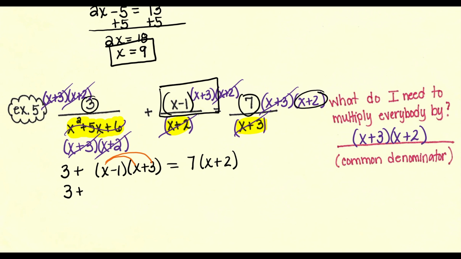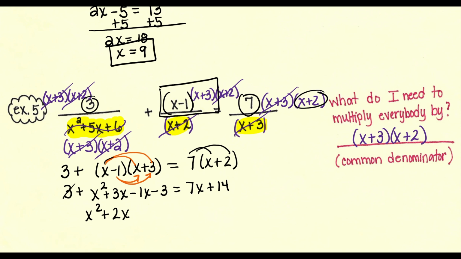That x is going to go to every one of those, and then the negative 1 says, now I'm going to distribute to every single one of those. So I have x times x, which is x squared, and then x times 3 is 3x, and then negative 1 times x and negative 1 times 3. Distribute your 7 through, and you get 7x plus 14. All right, collect your like terms. I have x squared plus 2x, and then those 3's cancel, equals 7x plus 14.